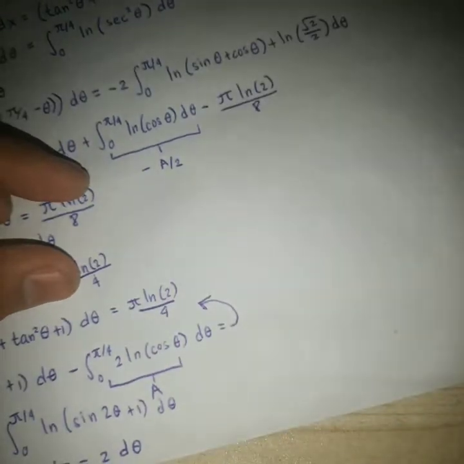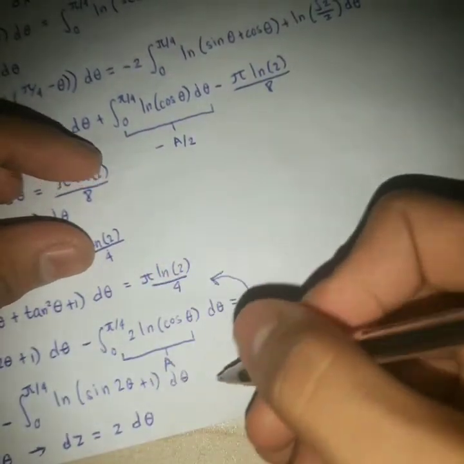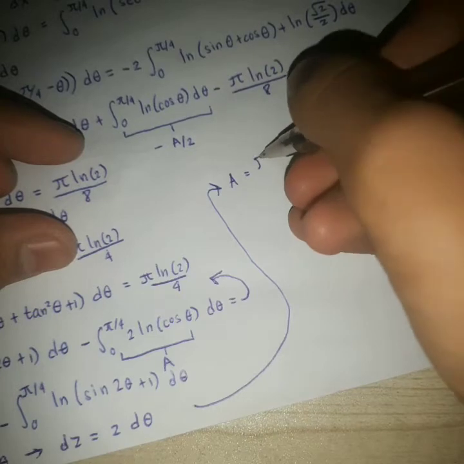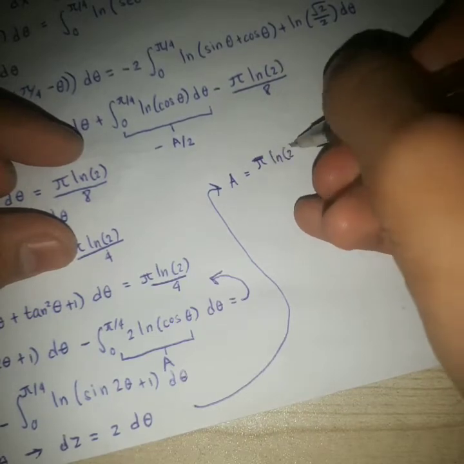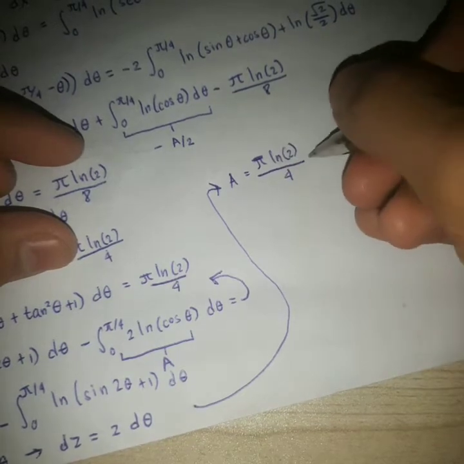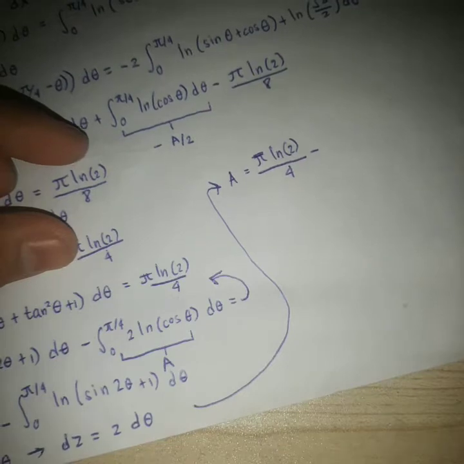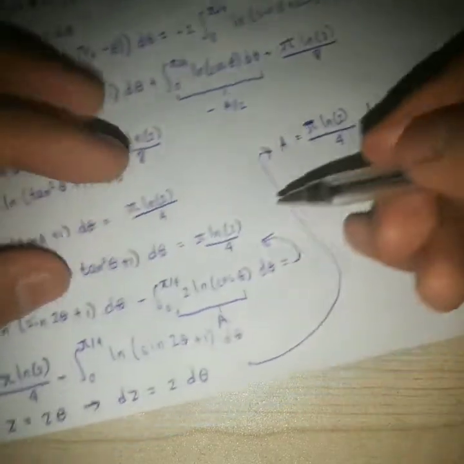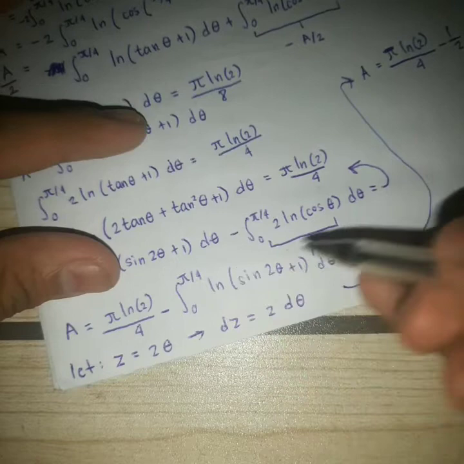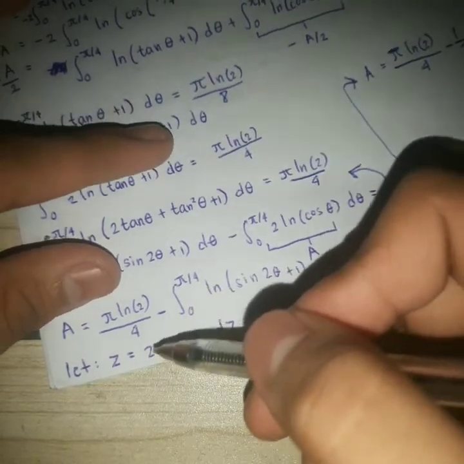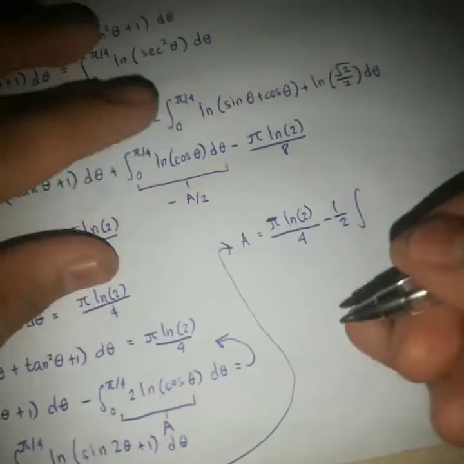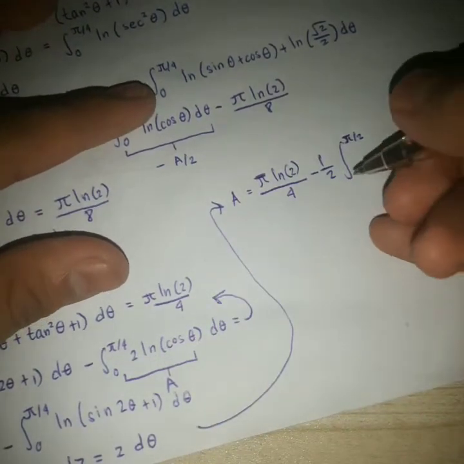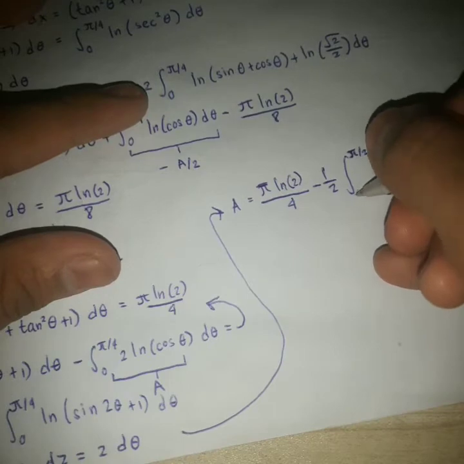So now by substituting this into this integral, we will have our a is equal to pi ln 2 over 4 minus 1/2 times, since if we plug in the value of theta here, since 2 times pi over 4 is just equal to pi over 2, then our upper limit will become pi over 2, and our lower limit will remain the same, equal to 0.